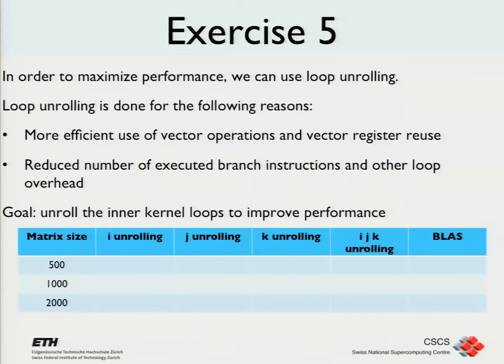You'll see a big performance increase. I'll give you just for this one, you see that you can get above 11.5 gigaflops. So this is very interesting in terms of performance.